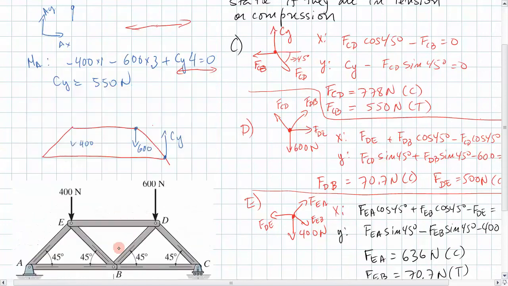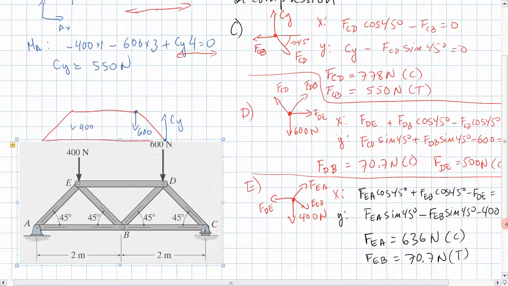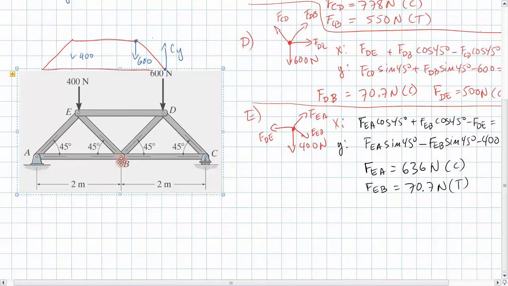The free body diagram for joint B: it would be FBC, I know that one.